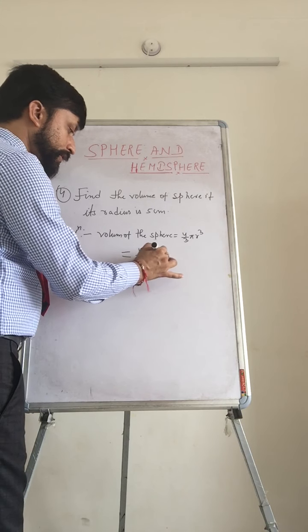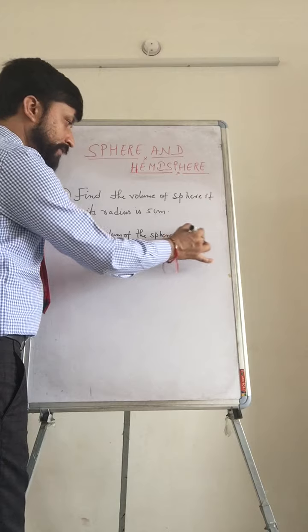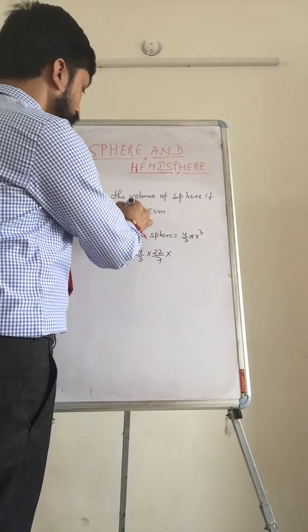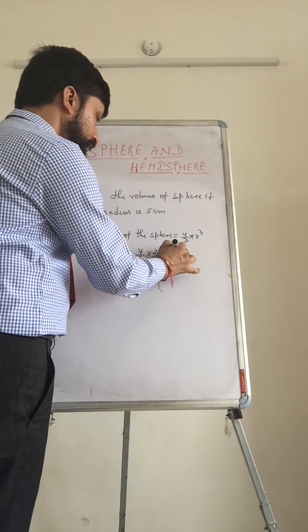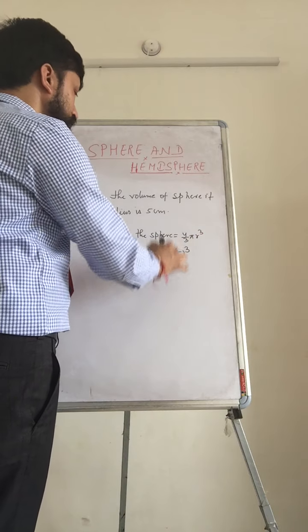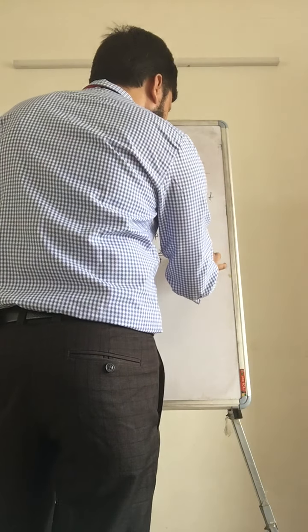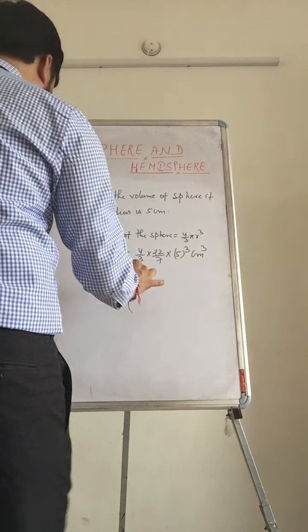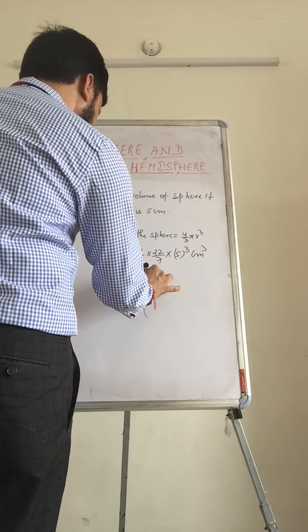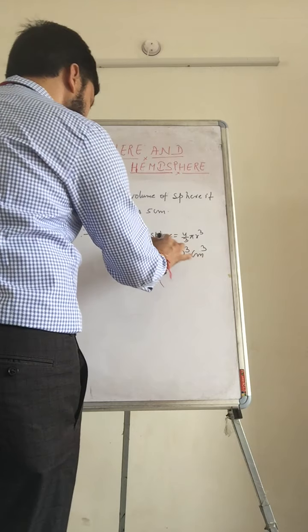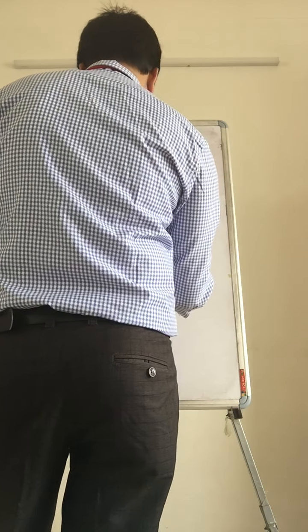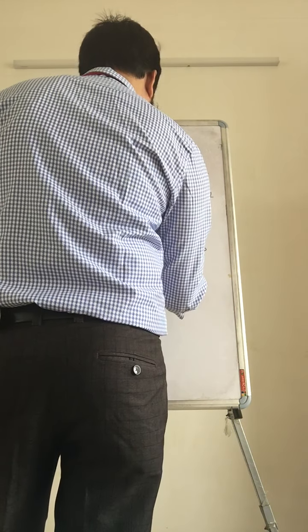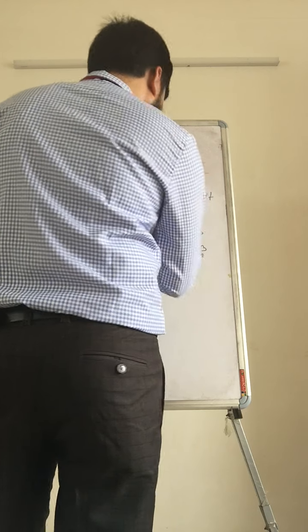So now we are putting the value of pi as well as the value of r, which is 5 cube. Since it is given in centimeters, we have to write here centimeter cube. Now calculate this. If you calculate, you will get 523.80 centimeter cube.